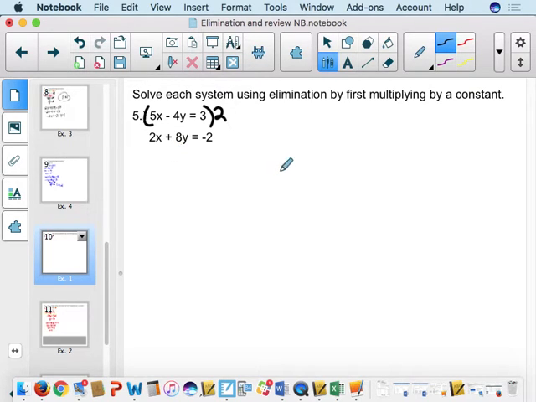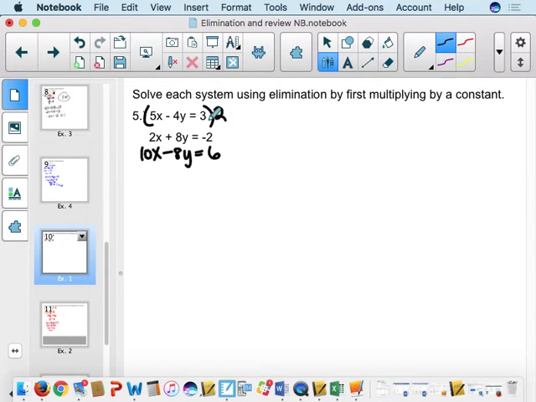So distribute this 2 times everything in this parenthesis. So 2 times 5x is 10x. Negative 4 times 2 is negative 8y. And 2 times 3 is 6.